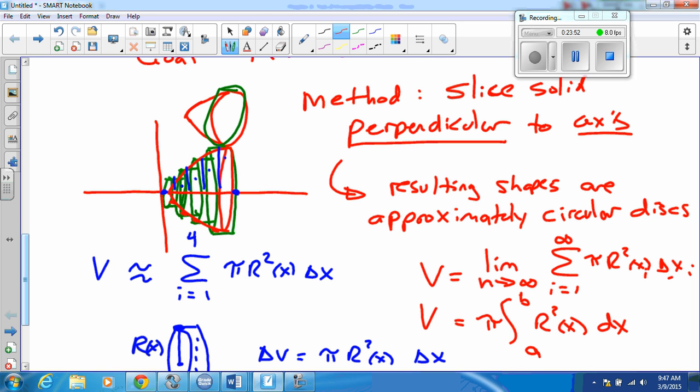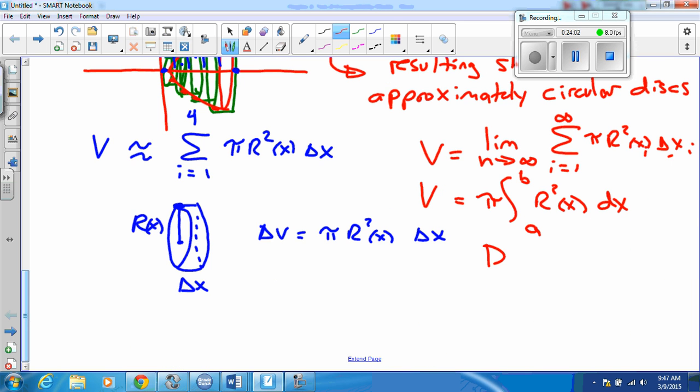And because we generated this formula by slicing our solid of revolution into disks, we call this the disks formula. Or sometimes you'll hear it called the disks method of finding volume.